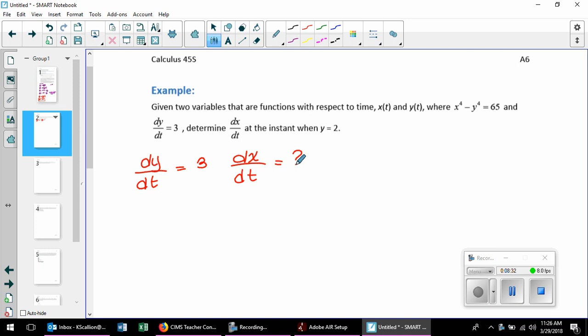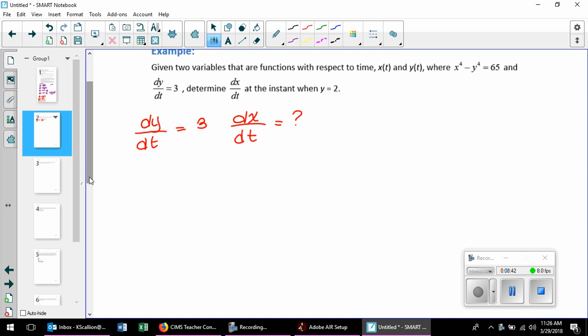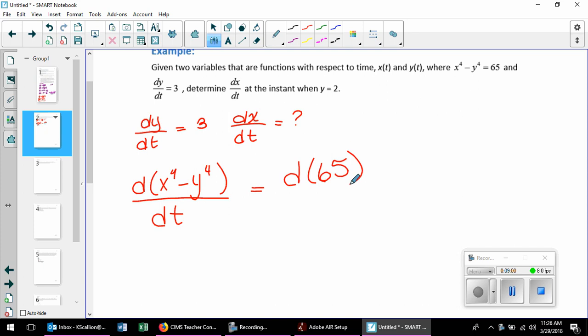That's our big goal. So we're going to differentiate both sides of the equation. We're going to take x to the exponent 4 minus y to the exponent 4, and differentiate that with respect to time, and differentiate 65 with respect to time. You good with that?